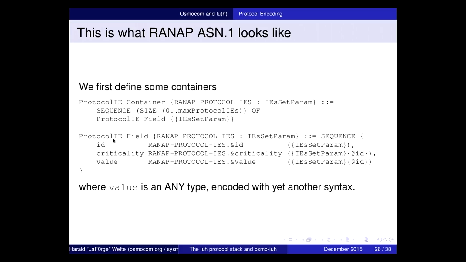Each element has an ID, and it has a criticality. The criticality tells you, if you do not understand such an information element, should you ignore it, should you reject it, or should you ignore it but report to the sender that you did not understand it, despite proceeding with your operation. And then the actual value. The value is an any type, which means there is another ASN1 syntax in that value that you then need to parse.